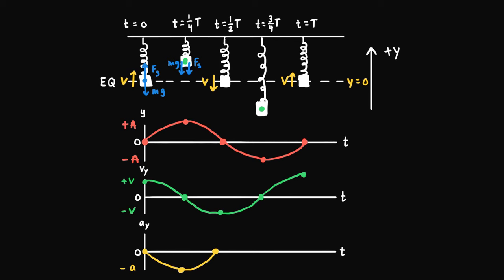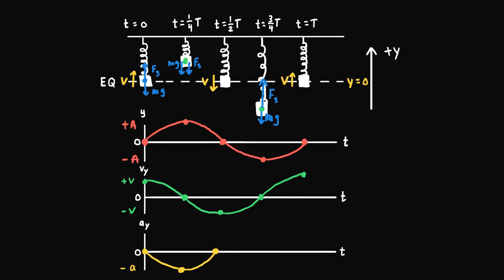And then as the object comes back to its maximum negative amplitude, once again the acceleration will be at its largest value because the net force on the object is at its largest value. Here the gravitational force will point down, but there will be a much larger upwards spring force acting on the object because now the spring has been extended by much more than what it was at its equilibrium length.